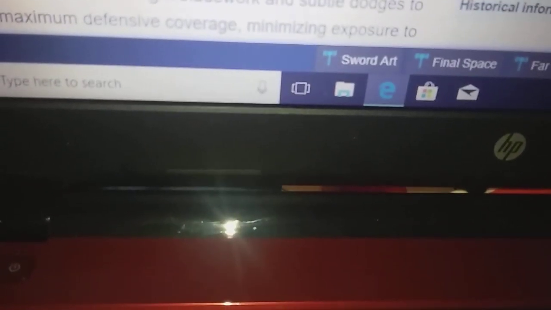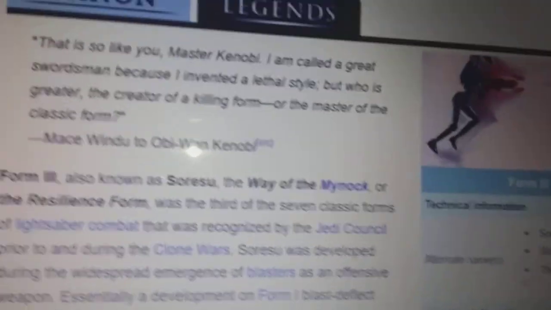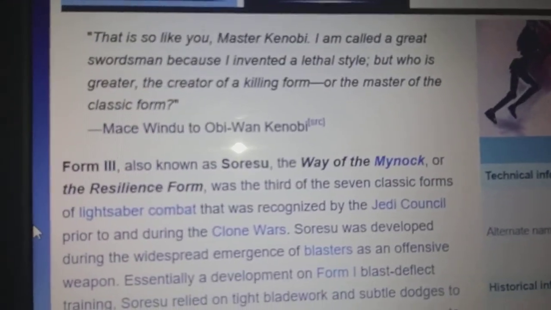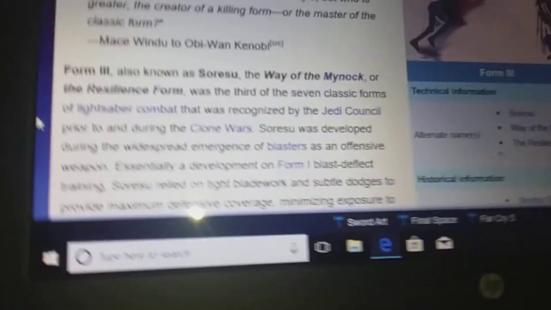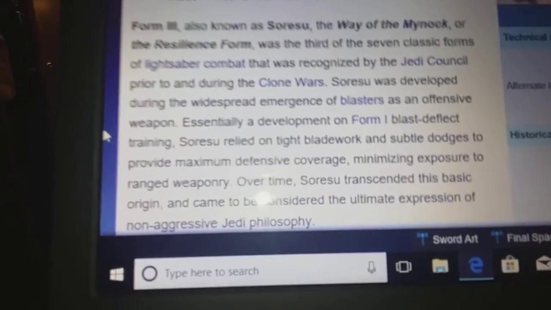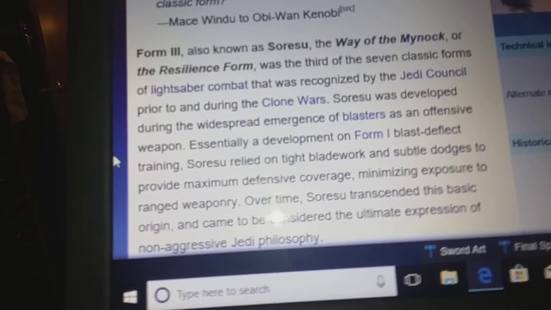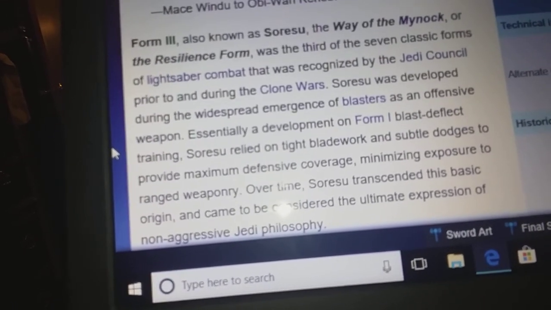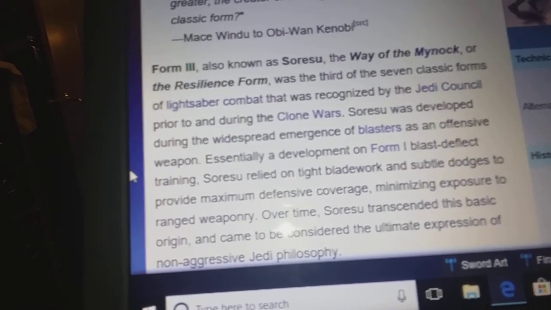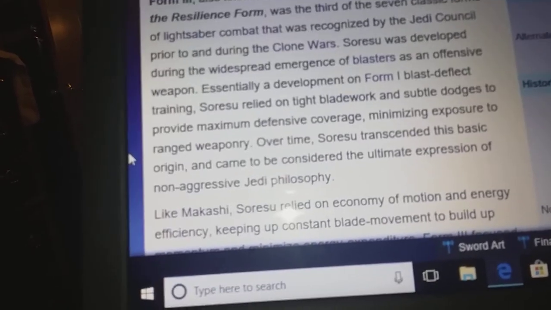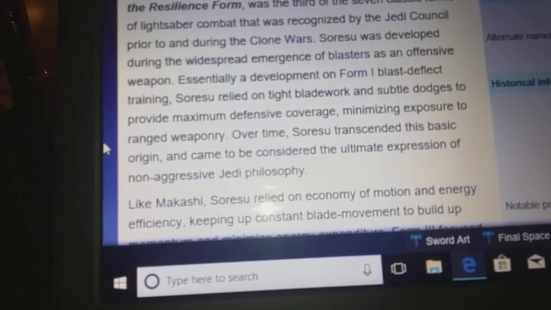Which is interesting that he's saying that to Obi-Wan Kenobi, considering that, I believe it was in episode 4, he said, who's more foolish, the fool or the fool that follows him? So, that may have been an interesting little tidbit they put in there. It was prior to and during the Clone Wars, it was really good, okay? It was mainly just, oh snap, they have guns, deflect, deflect.